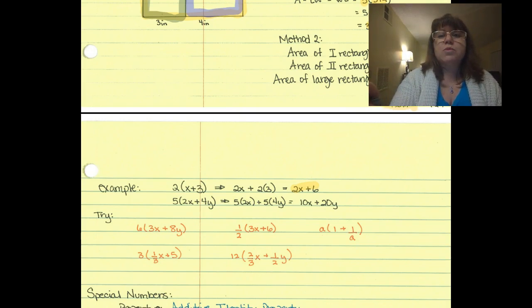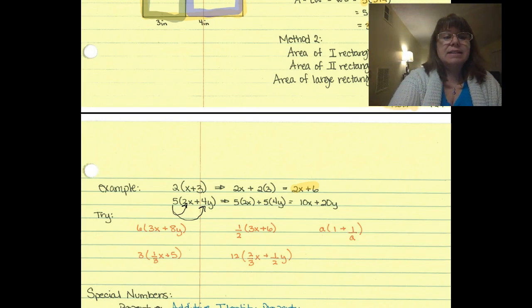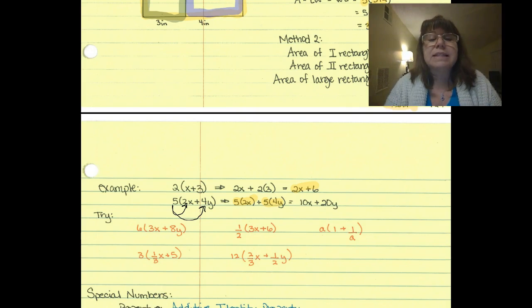Remember, I'm going to distribute the 5 to the 2x as well as the 4y. So when I distribute, it becomes 5 times 2x, 5 times 4y, giving me 10x plus 20y.